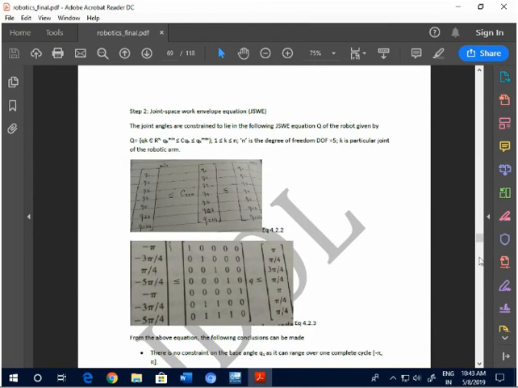Okay, from the above equation, the conclusion is that there is no constraint on the base angle of Q, as it has the range of one complete cycle from minus pi to pi.